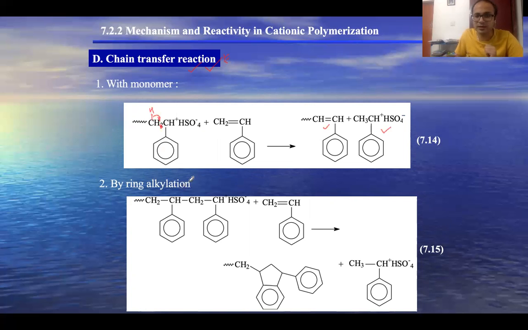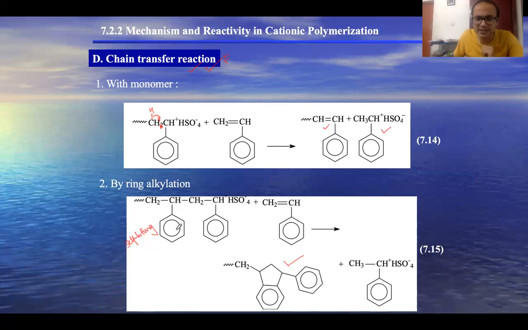Another thing that we looked at is similar to self-biting. If you remember the chain transfer reaction, it's like a self-biting. Here, this cation undergoes electrophilic substitution at this end of the phenyl ring, thereby forming a five-membered intermediate.